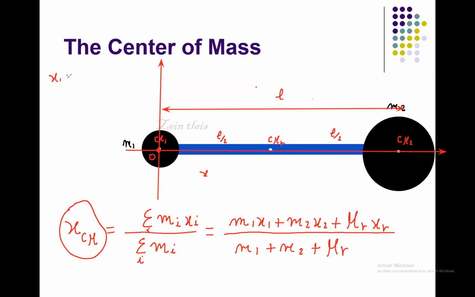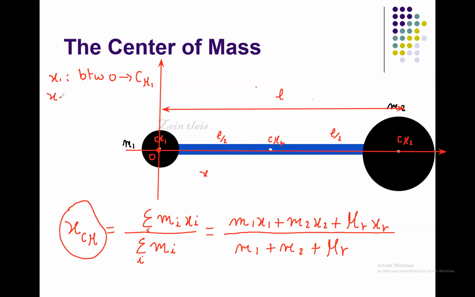X1 is the distance between O and M1. Or we can say, better, between O and the center of mass of M1.